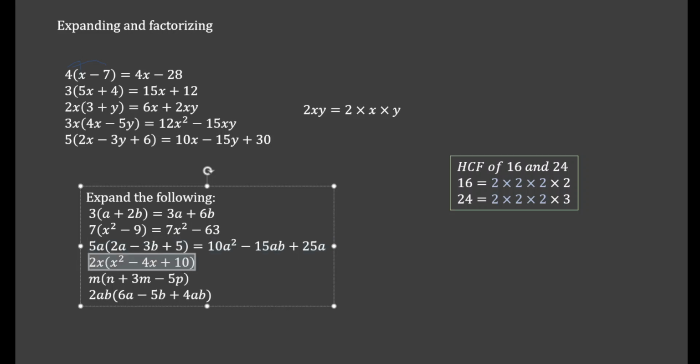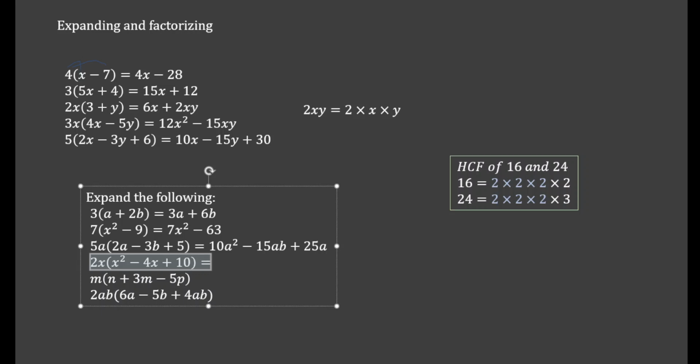So, Asriel, what do you got for this one? I got 2x squared minus 8x squared plus 20x. Close.